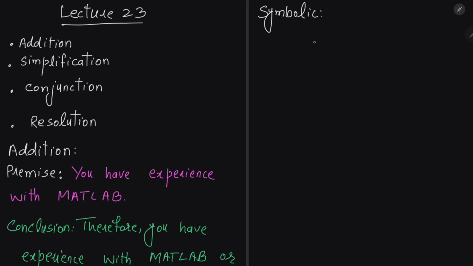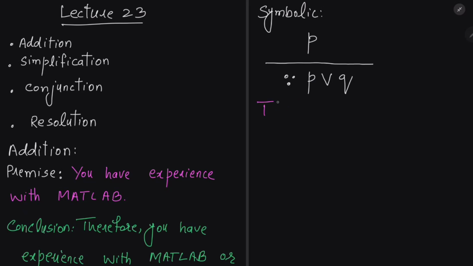We have one premise, P. The conclusion we can draw, by writing three dots and drawing a line, is P or Q. Since one of the statements is true, the answer is true.